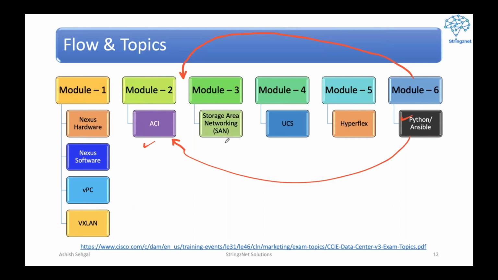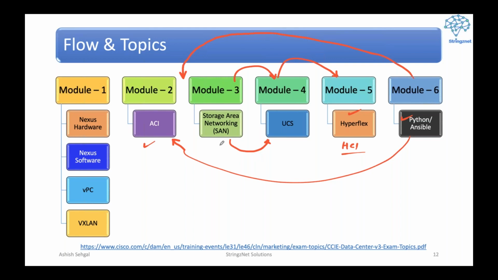Storage area networking, we do discuss it. The implementation in terms of the configurations on the switches, we do along with UCS. Dear friends, module number 3, number 4, and number 5, these modules are all interdependent. That means if you want to do module 5 Hyperflex, which is also called hyper converged infrastructure, we need to do our storage area networking and UCS.